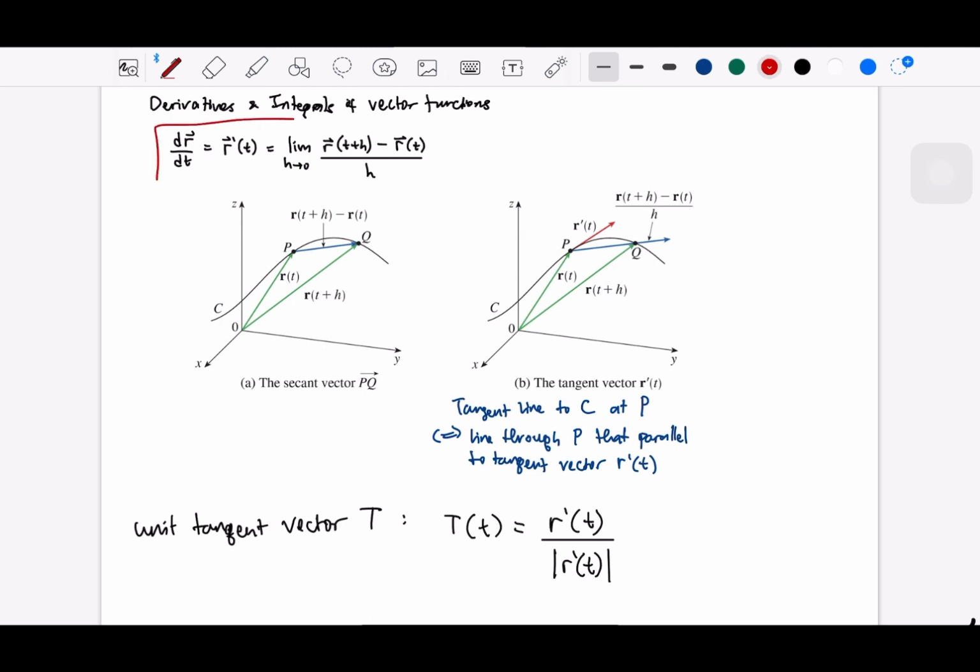This is the definition. So this is the limit definition of the derivative.